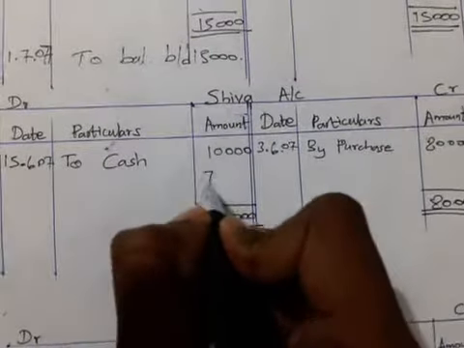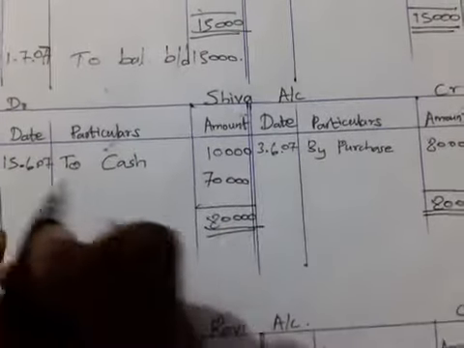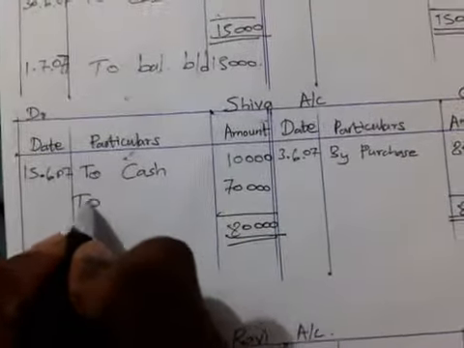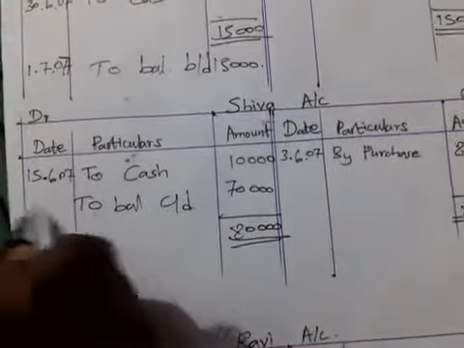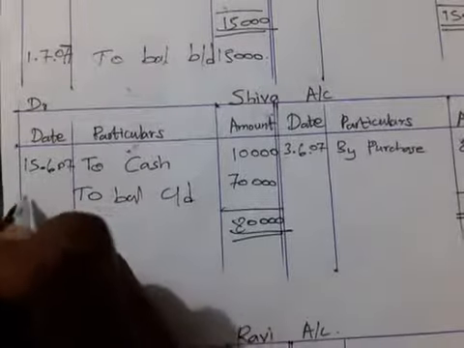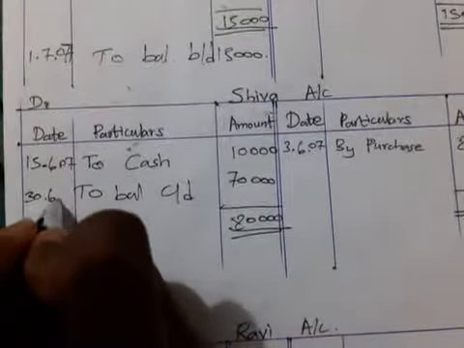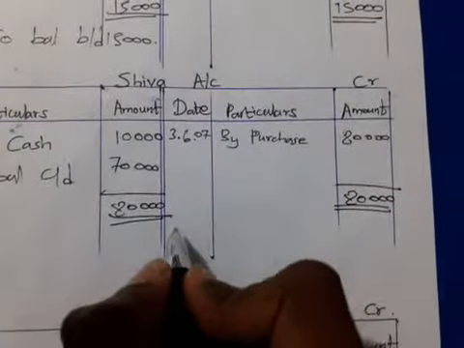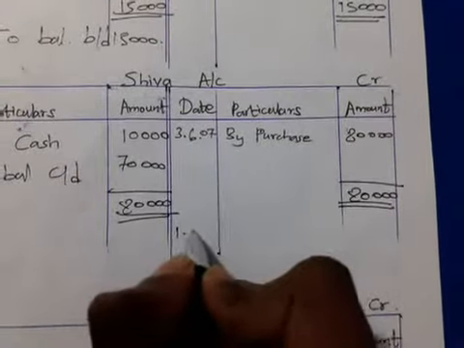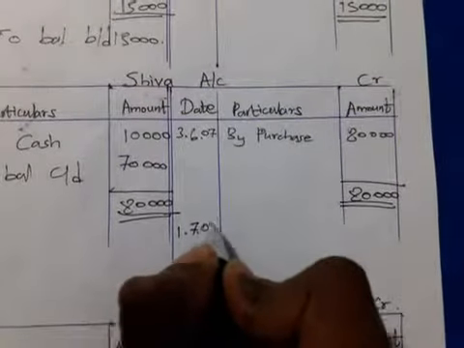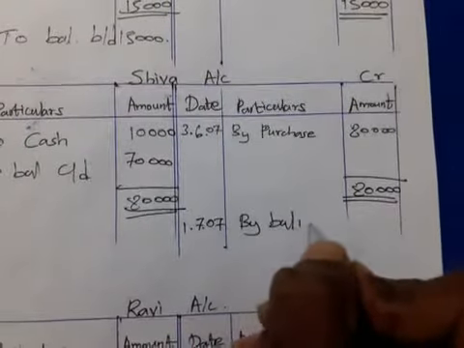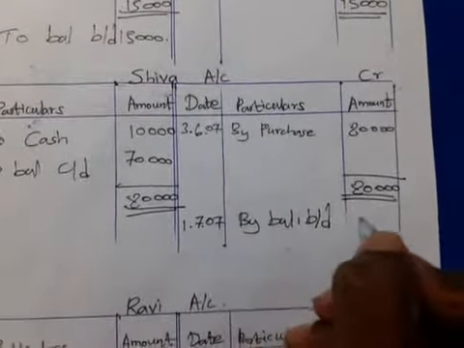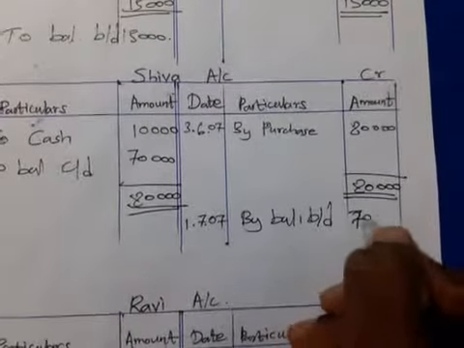So 70,000 to balance carried down, for the next financial year. Balance brought down 70,000.